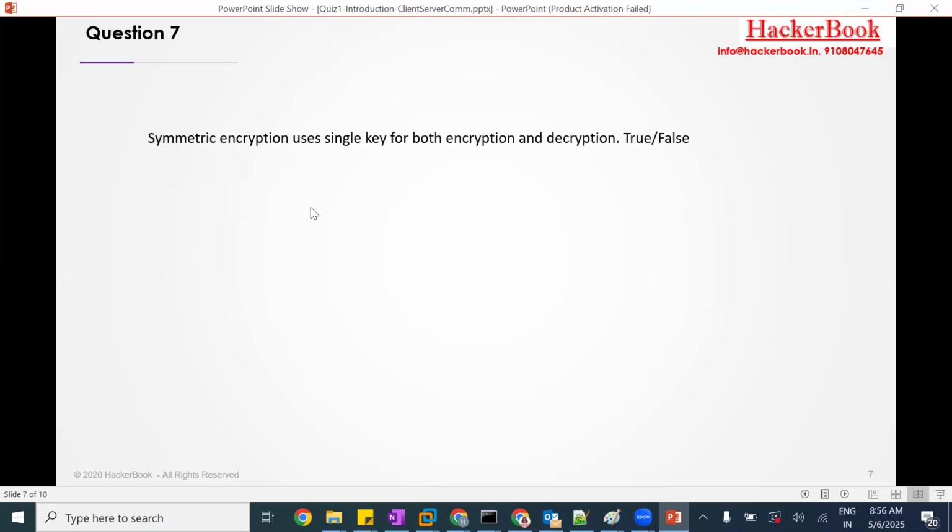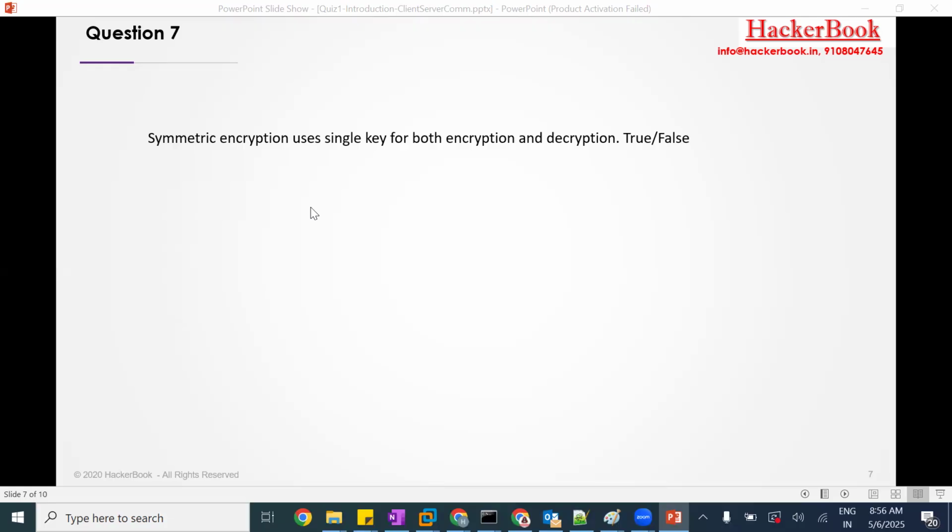Symmetric encryption uses a single key for encryption and decryption. Is it true or false? Symmetric encryption uses the same single key for both encryption and decryption.